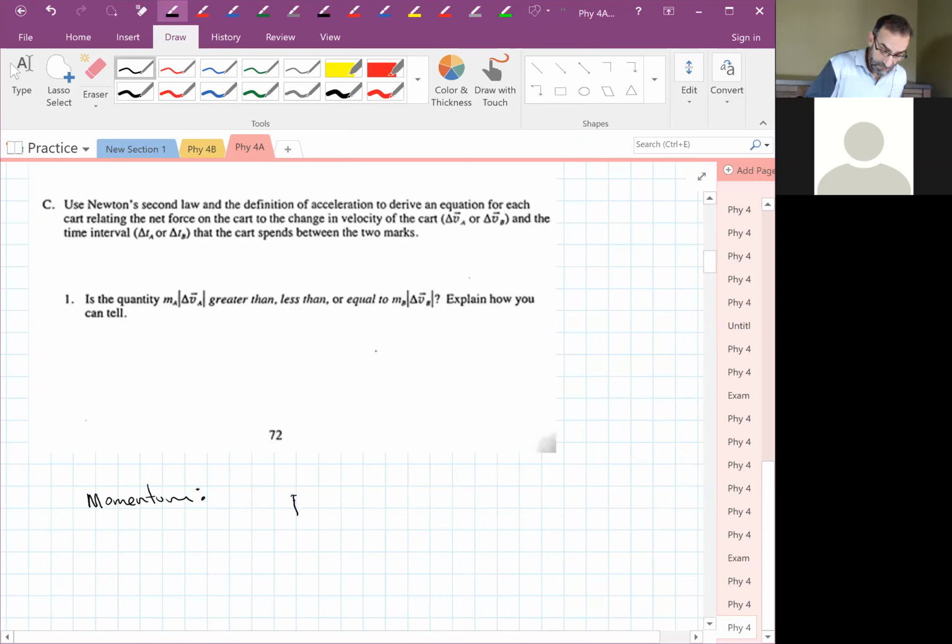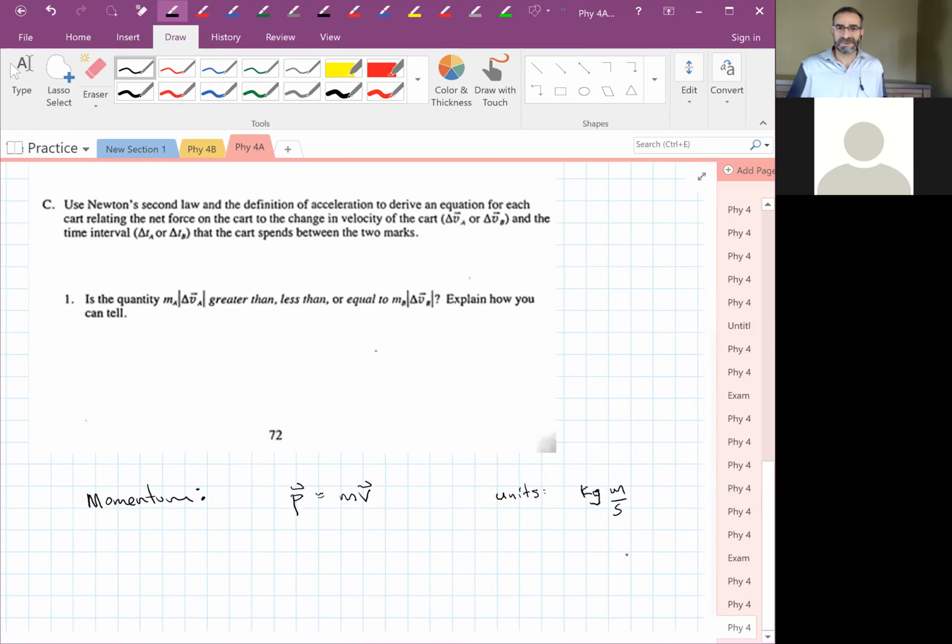We use P, lowercase p, for momentum. Mass times velocity. The units for momentum: mass is kilograms, velocity is meters per second. And for some reason, we never get tired of writing kilogram meters per second. You would think that there would be some other unit for that, right? A Galileo or something, I don't know, but there isn't. Kilogram meters per second for momentum.